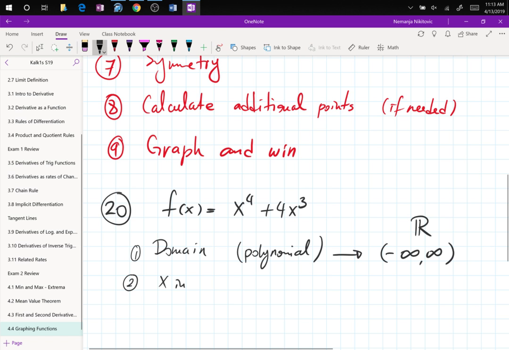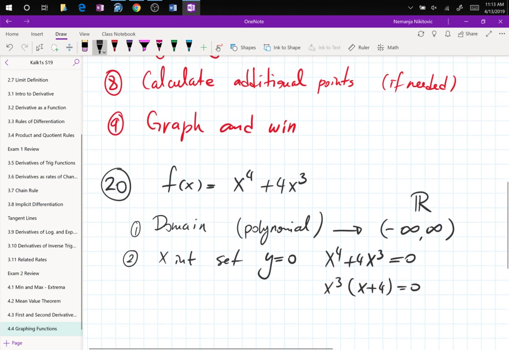Number 2, we have the x-intercept, y-intercept. So for x-intercept, set y equal to 0. So we have x to the 4 plus 4x cubed equals 0. X cubed and then x plus 4 equal to 0. X equals 0, x equals negative 4.